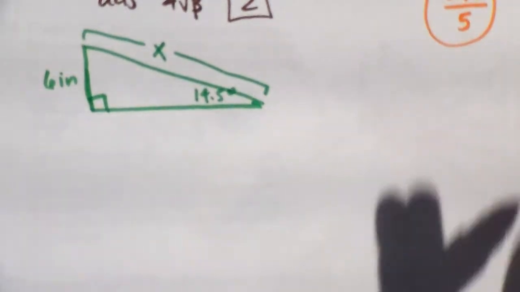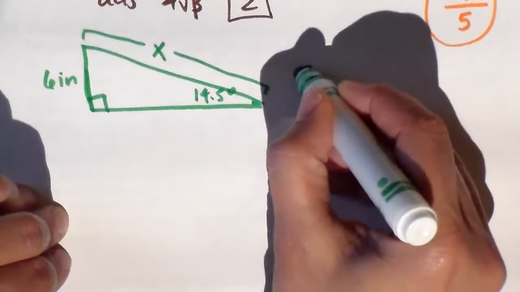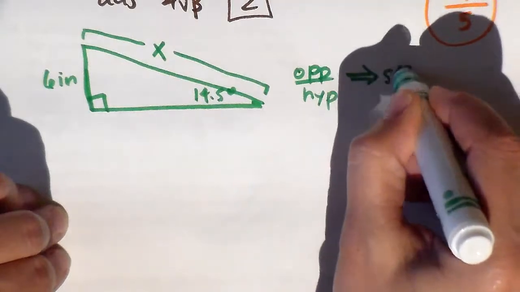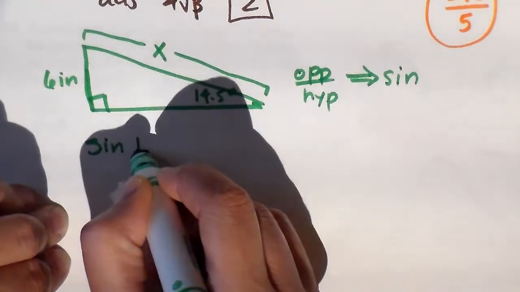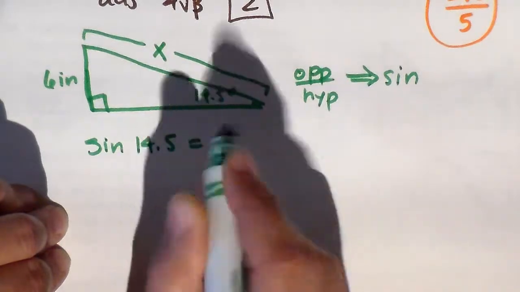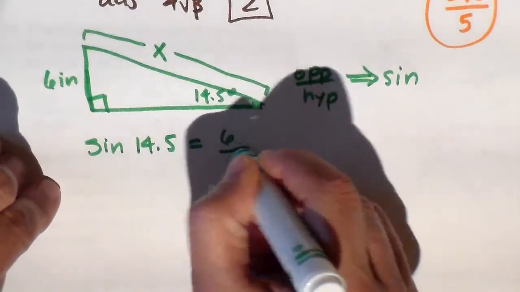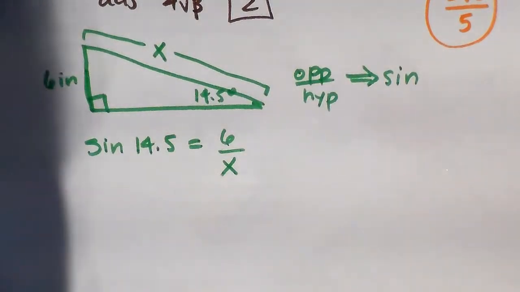It's like the vault in gymnastics. How long is it? The two sides I have are the side opposite the angle, and I'm looking for the hypotenuse, so that means I'm going to use sine. So the sine of 14.5 degrees, the ratio that you get for opposite over hypotenuse, is 6 over what? So I'm going to find sine.